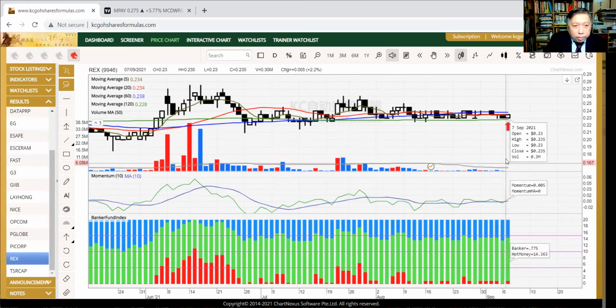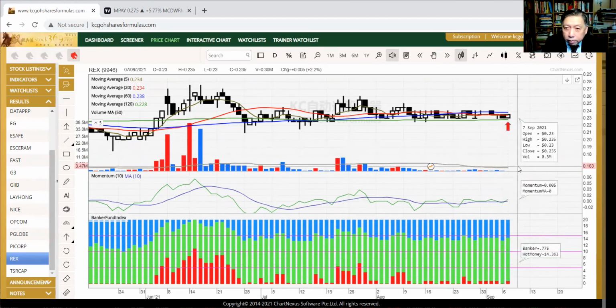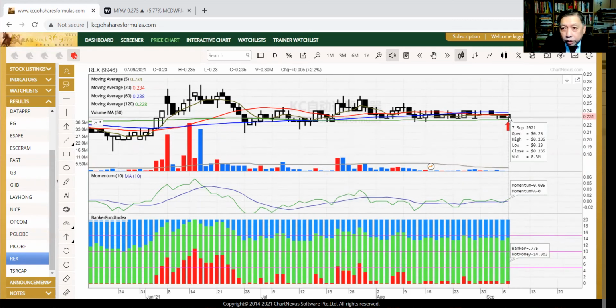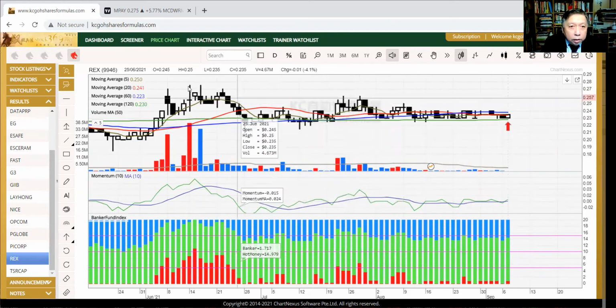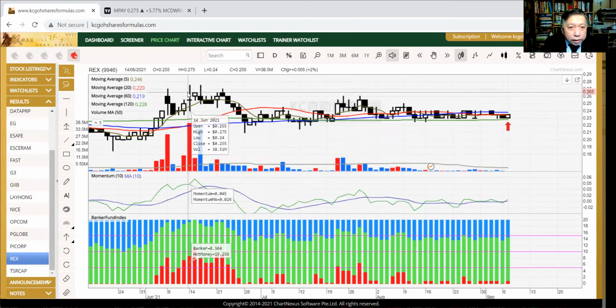So this might take a little while. But it's coming. If you enter, it will be like 23.5 or 23, and then your target will be 26. That's about 3 cents, and likely to go to 27.5.